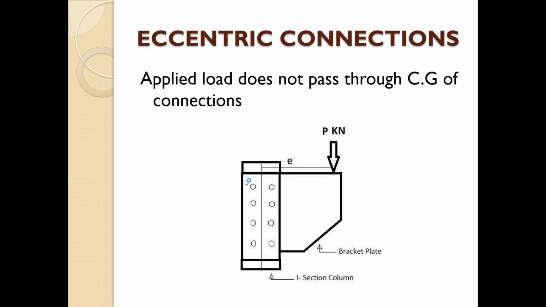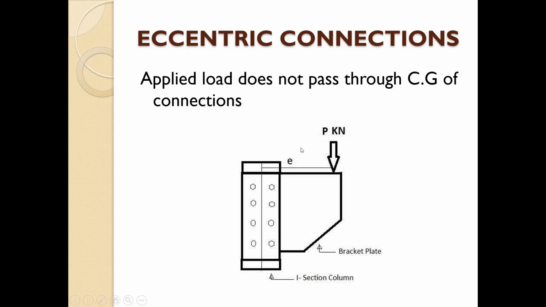But in case of an eccentric connection, as you can see over here, the applied load does not pass through the CG of the connection. The CG of the connection lies somewhere over here, and the load is here. It is the example of a bracket plate connected to an I section column.